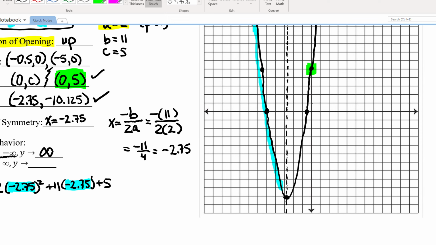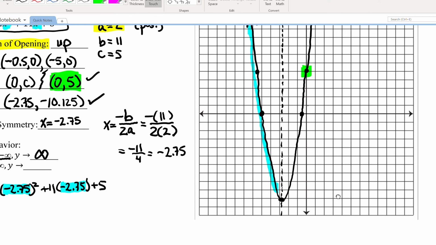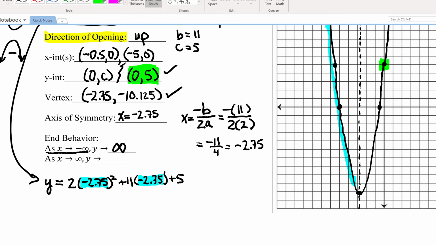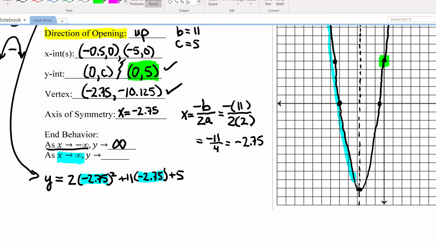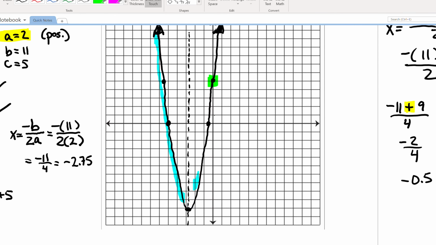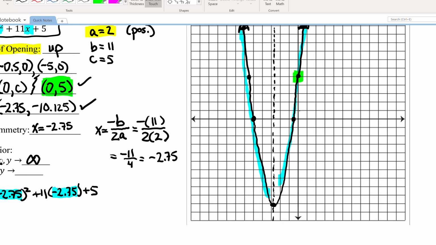Y approaches positive infinity. But as x approaches positive infinity, what's happening? If I go to the right, what's y doing? Well, it's also going up. And again, how do we write that? Positive infinity.